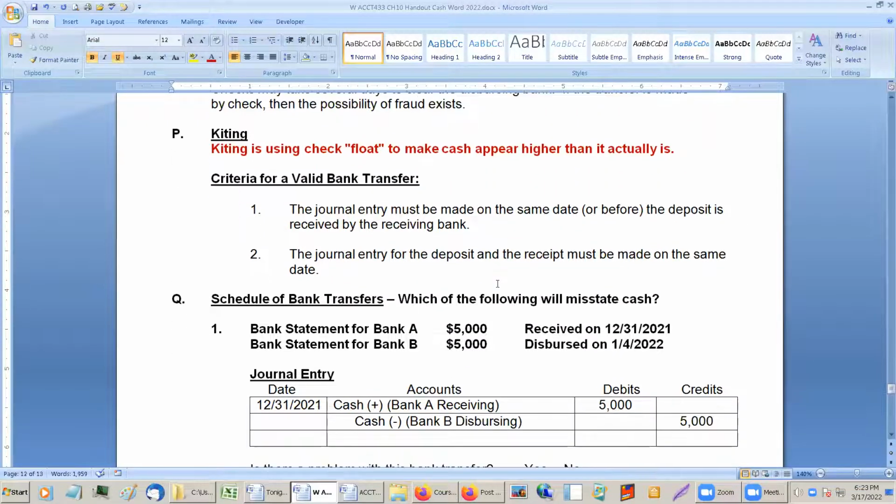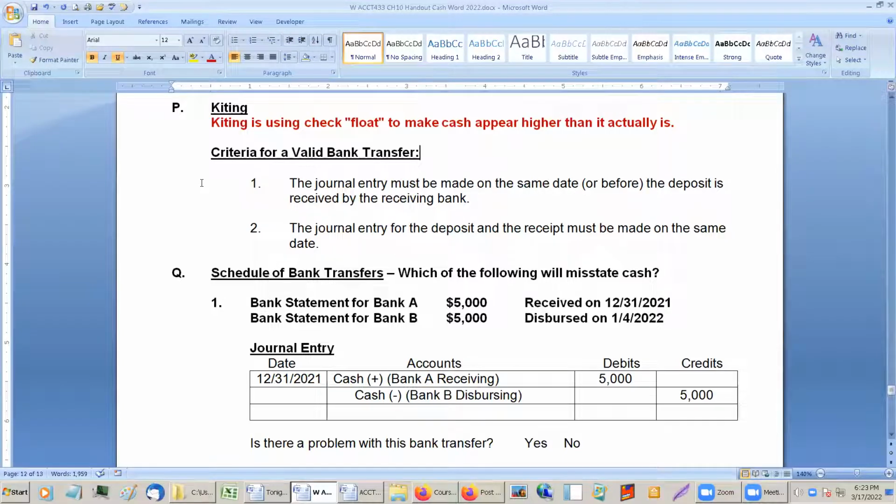Okay, now, if they are using a check and they're using two different bank accounts, there are a couple of rules that if they follow, then everything is okay. One, the journal entry must be made on the same date or before the deposit is received by the receiving bank.